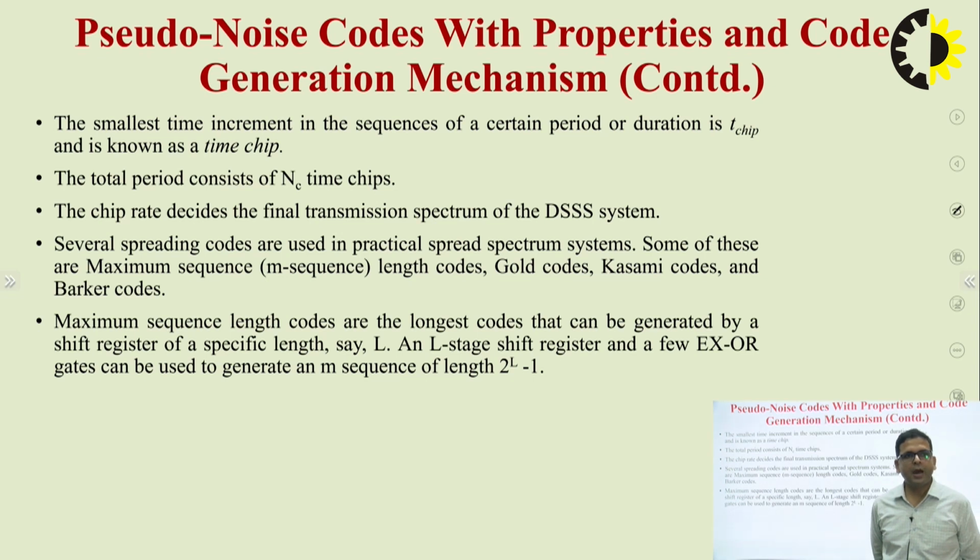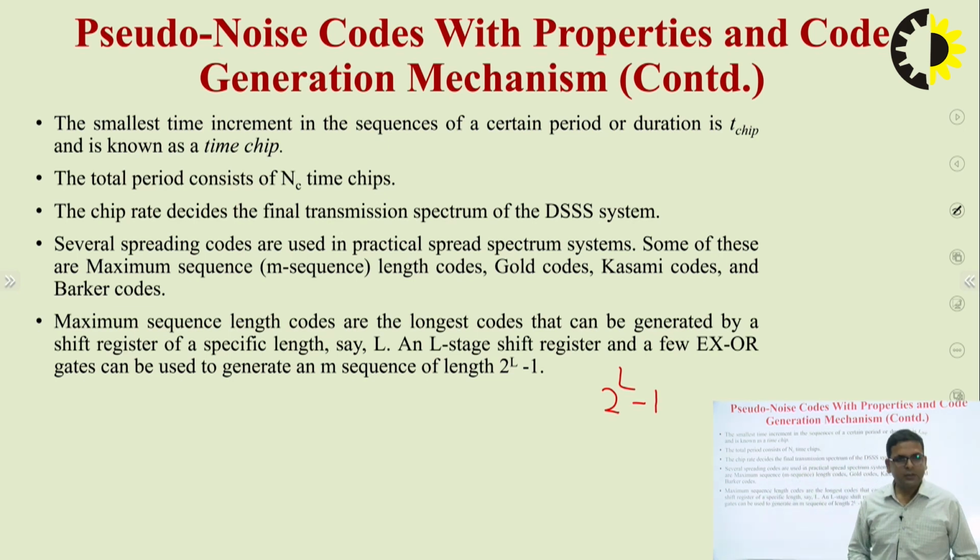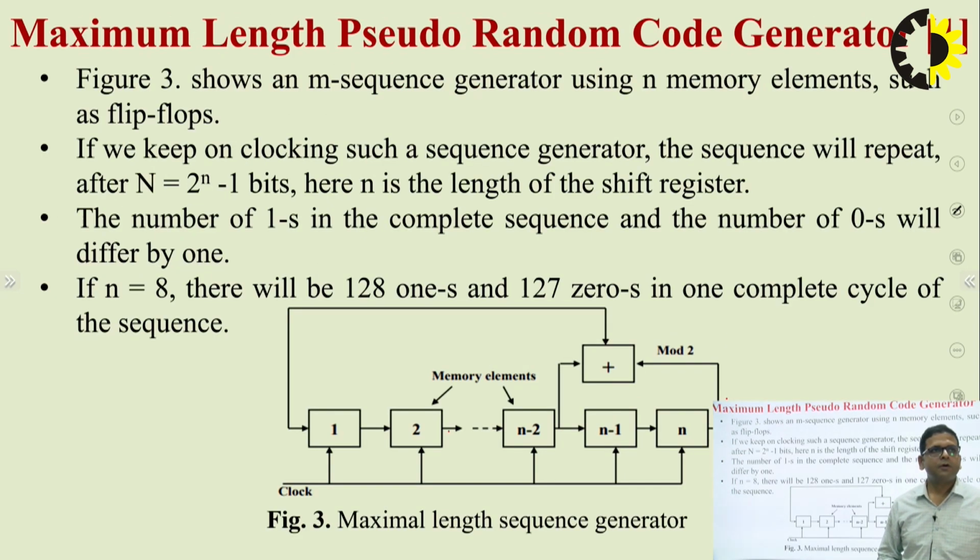Suppose we have an L-stage shift register and a few XOR gates. In this shift register we can generate a sequence of length 2 raised to the power L minus 1. After this duration, the given PN sequence will repeat itself. That is, it will become periodic.